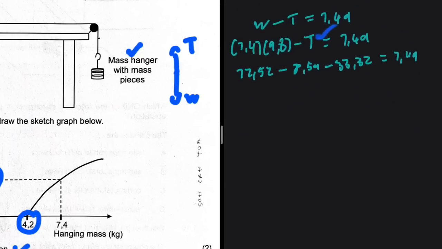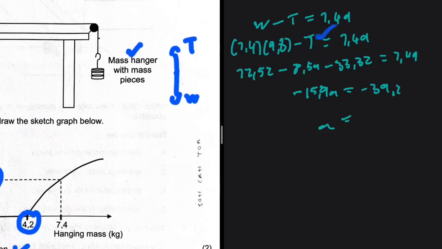So minus 8.5 minus 7.4, that is minus 15.9a, equal to 72.52 minus 33.32, which is 39.2. When you take it to the other side, it is going to be minus 39.2.